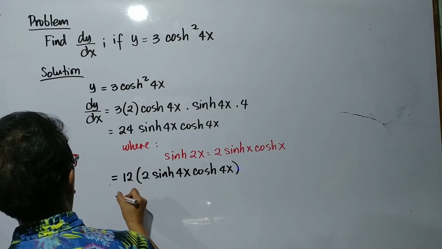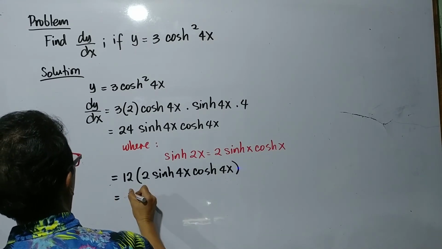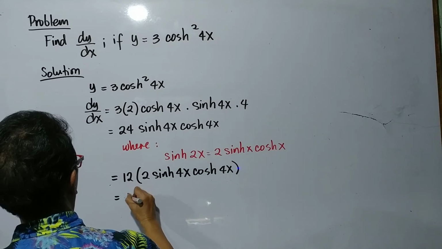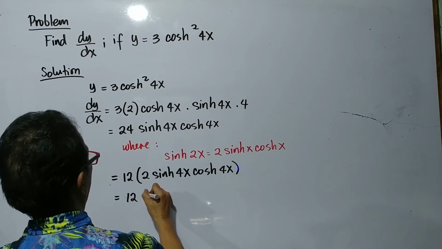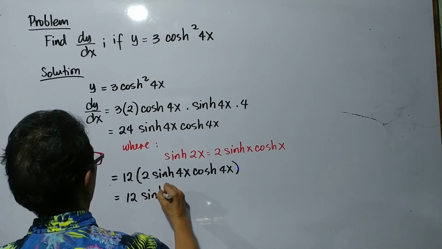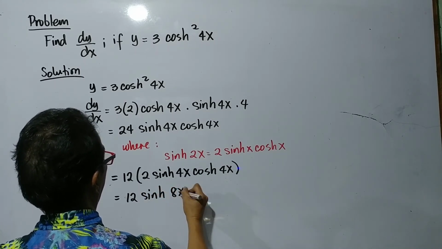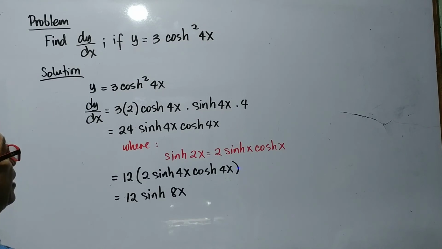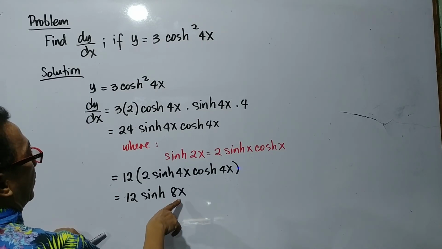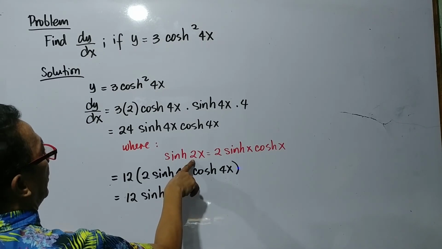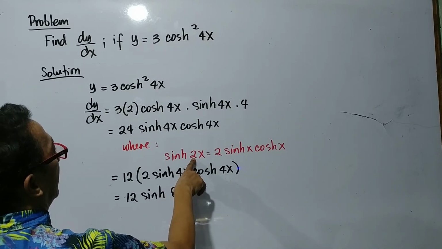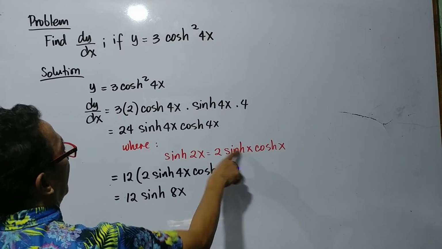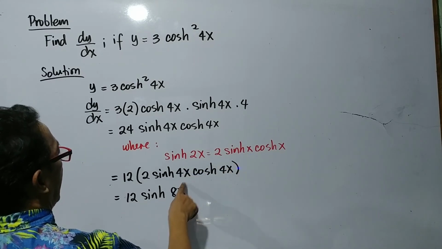We have now 12 hyperbolic sine of 8x. So 8 divided by 2 is 4. So this one is half of this, 4x, 8x.